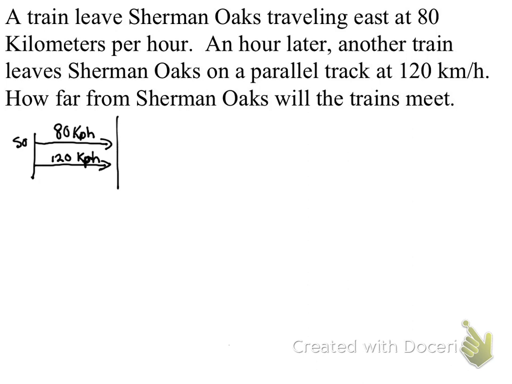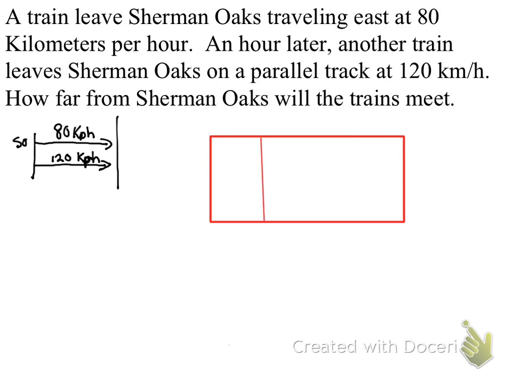Okay, so let's figure this one out. Let's make our box. Now, when I start doing this, I don't know necessarily exactly what the equations are going to look like. Okay, so I'm doing rate times time equals distance.